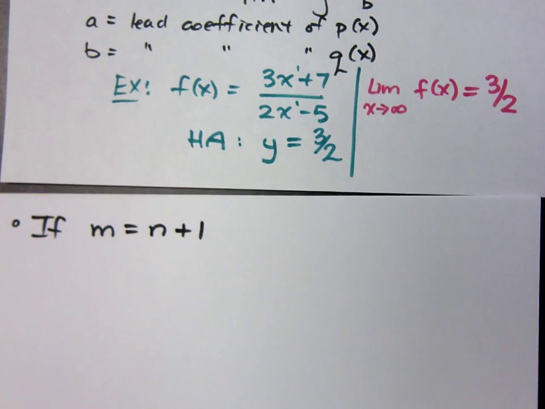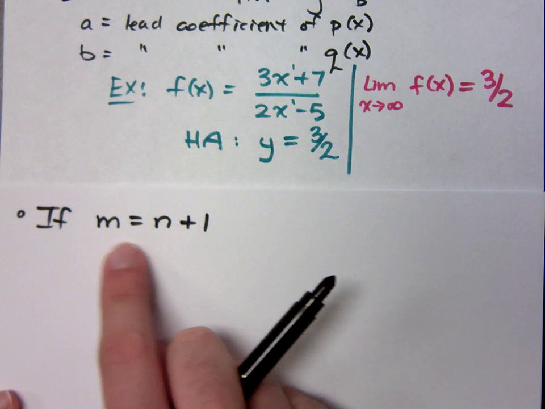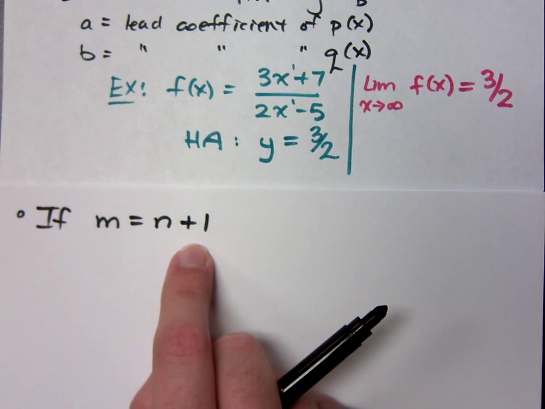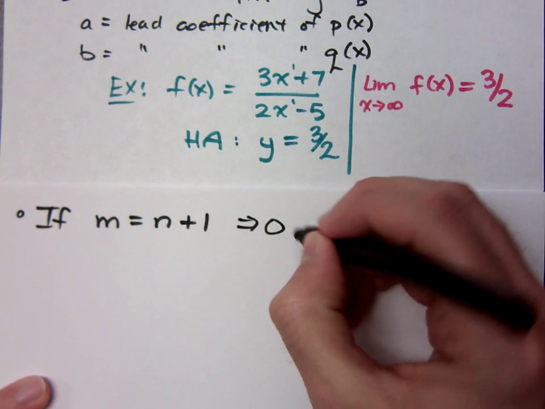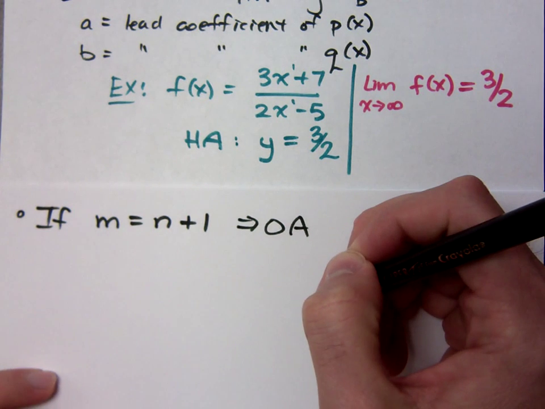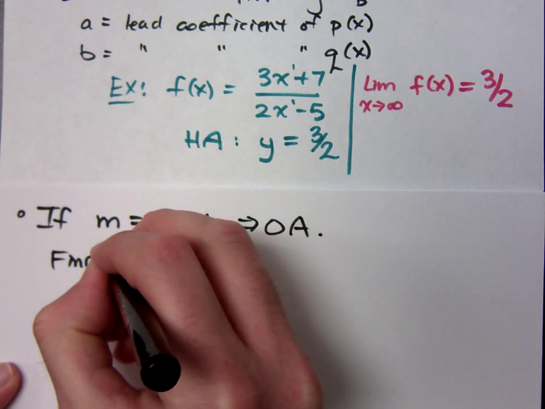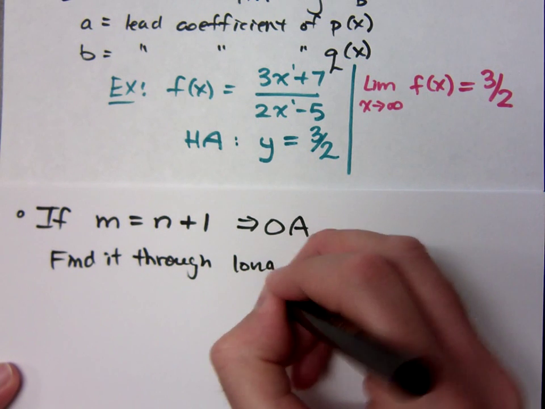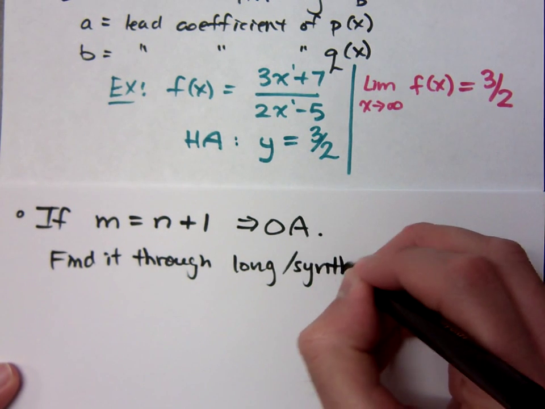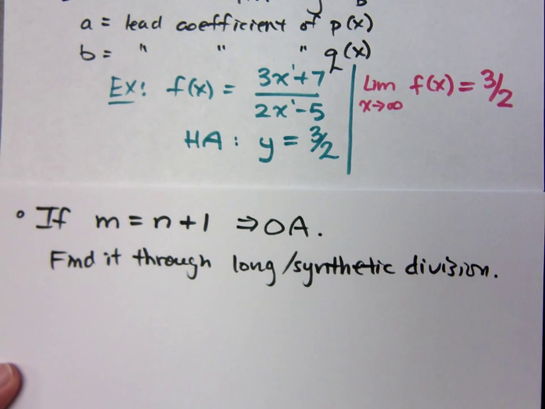So I'm not saying if they're the same, but if the numerator is larger than the one at the bottom by 1 degree, that means we have an oblique asymptote that I'll abbreviate as OA. And you find it through long or synthetic division, depending on the setup that you have.